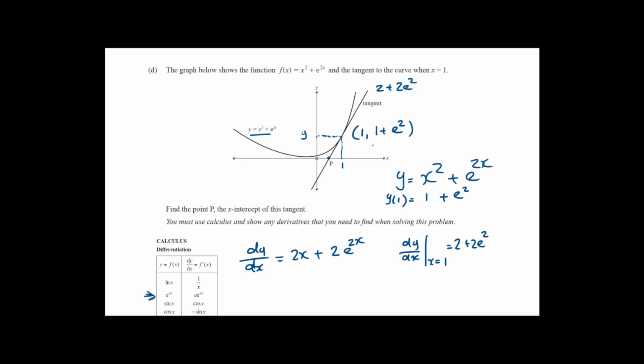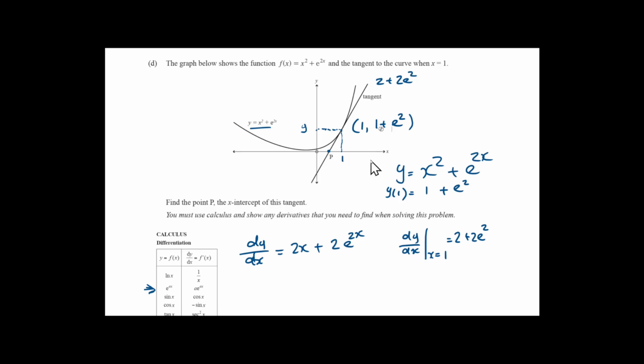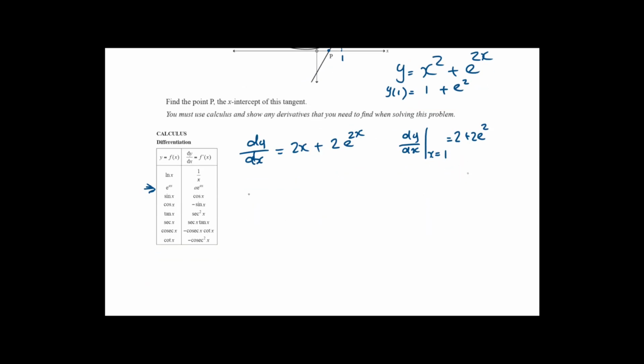So now we have a point, and we have the gradient at that point, and now we can find the equation of that line. We don't even need to do that, because remember when we're finding the root, the x-intercept, y equals 0. So let's do it, and we know that y minus (1 plus e squared) is going to be equal to m, which is 2 plus 2e squared, times (x minus 1).